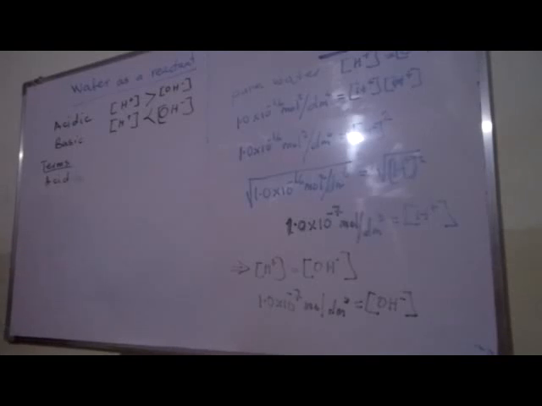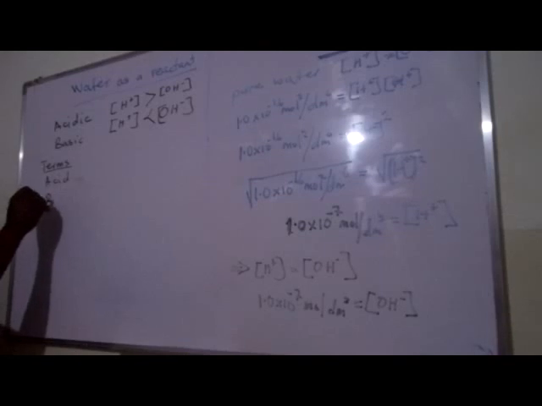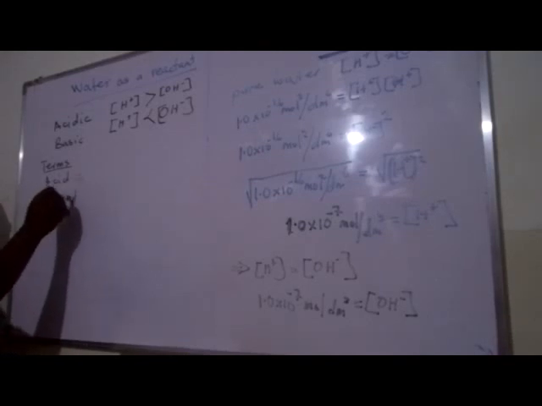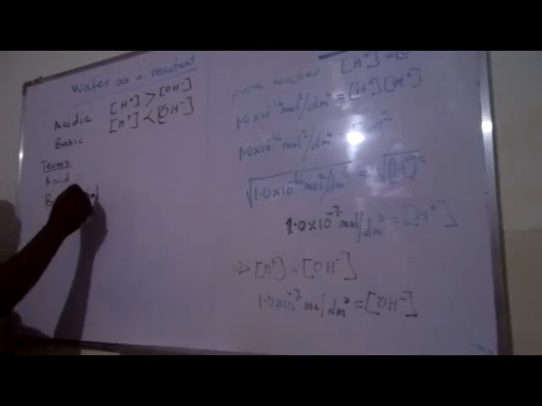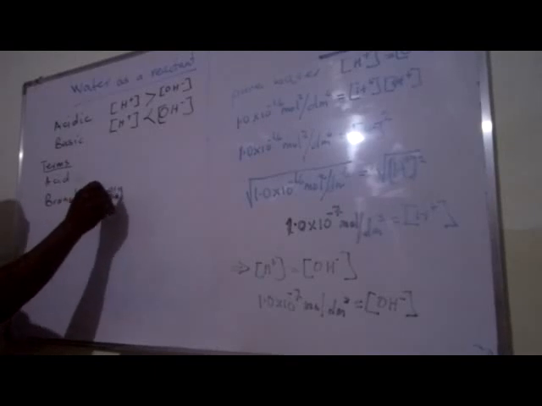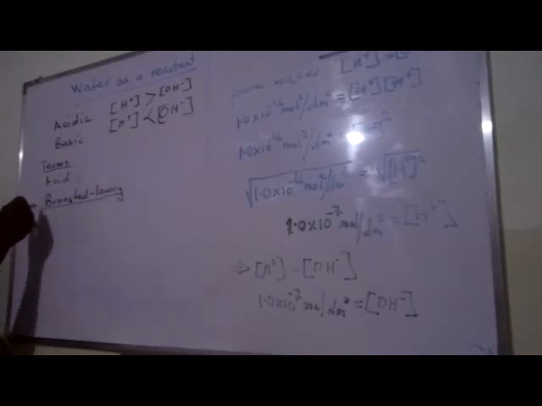But in biochemistry, the definition that is more helpful and more useful to us is the Bronsted-Lowry definition of an acid. These are just two scientists that came up with a definition.